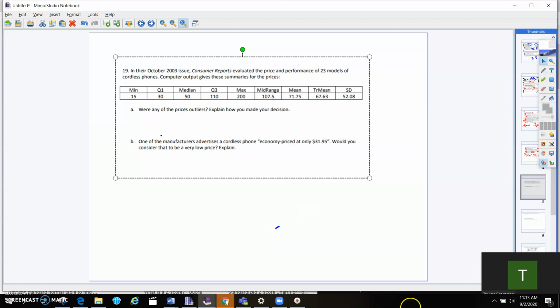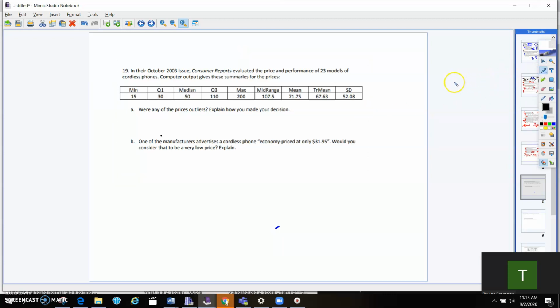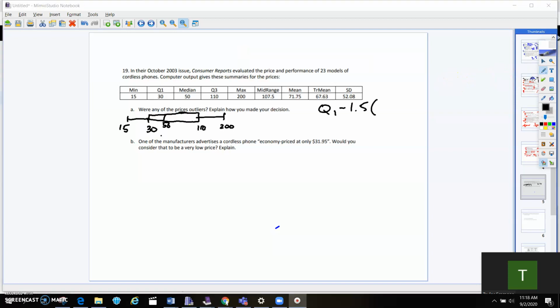Okay, now remember, we do have a formula for outliers, but whenever you want to do these types of problems, you always want to make sure that you draw the box and whisker plot, have that discussion, use the outline. I already did my box and whisker plot because they already gave me the information.